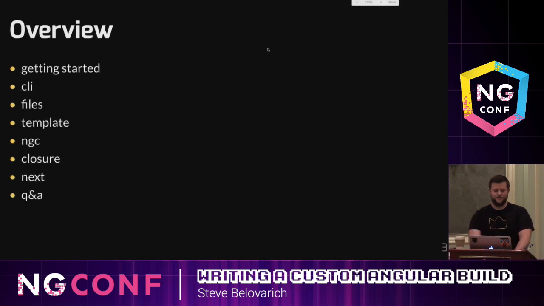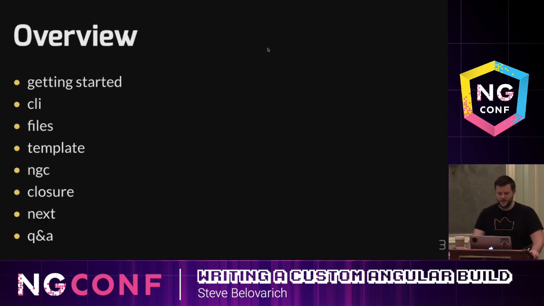So just give you a brief overview about what we're going to do today. I'm going to give like a brief talk about how to get started. We're going to build out our own CLI so we can run command-line arguments that allow us to build Angular. We're going to copy files necessary for development as well as production.